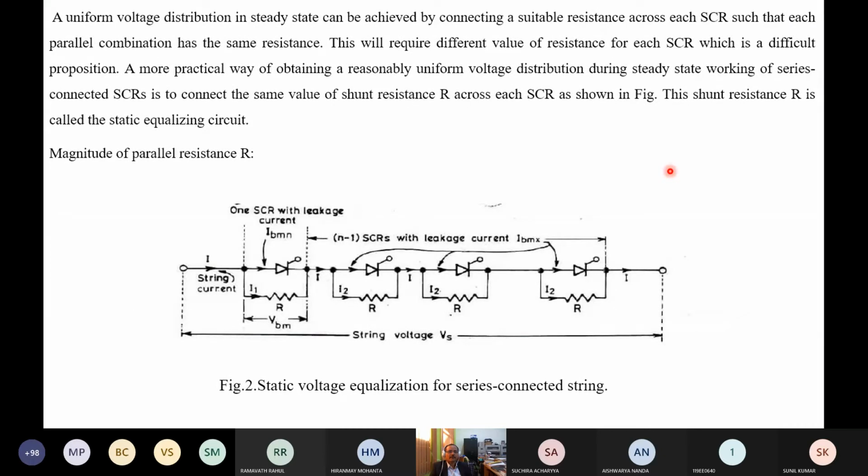Now, how can this voltage distribution be made uniform?